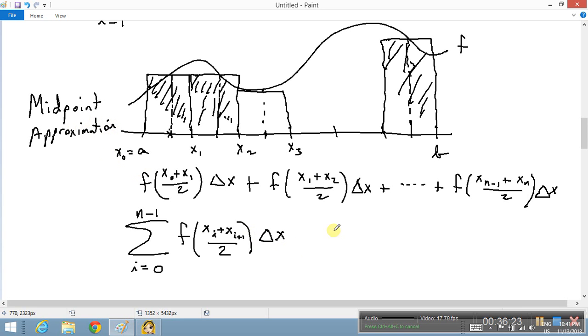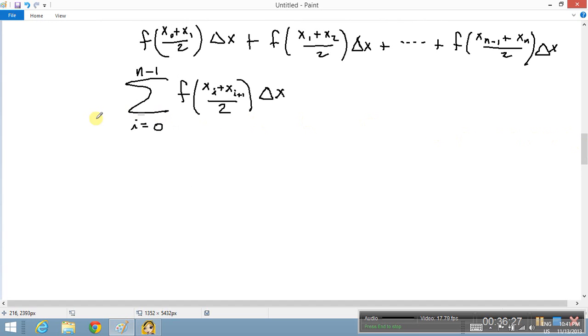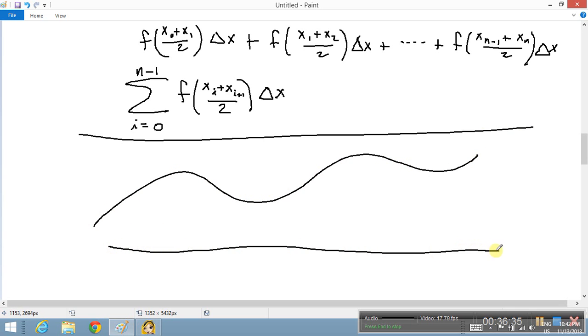All right. There are so many ways to do this. Let me give you another way. Suppose that instead of using left endpoints, right endpoints, or midpoints, you decide that you're going to take your interval from a to b and chop it into a finite number of pieces, n pieces.